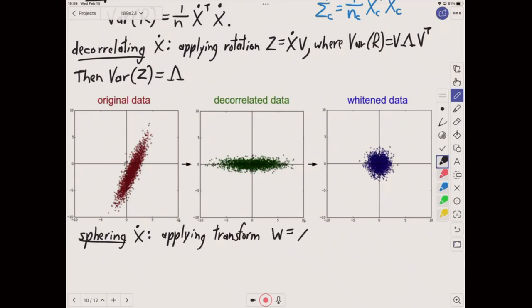We take our centered design matrix X dot and we multiply it by the square root of the covariance matrix of the sample points. And that gives us another design matrix, W, and the points in W look like this.